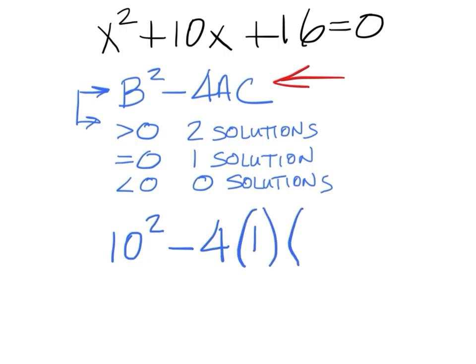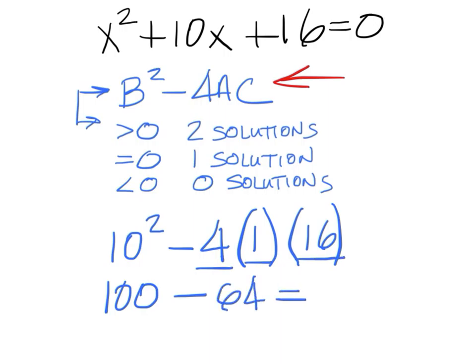And what is c? 16. So simplify to get 100 minus 4 times 1 times 16, which is 64. 100 minus 64 is 36. So this answer is positive. It's greater than 0, so how many solutions are there? 2.